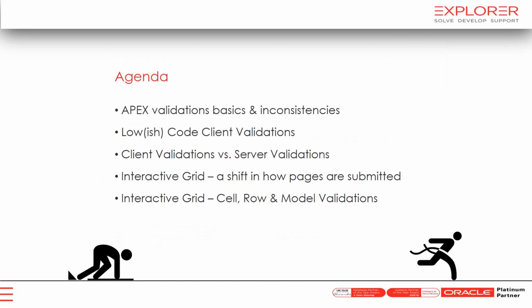So the agenda for today is I want to talk about Apex validations, and we'll start from the basics and we'll talk about some inconsistencies that I see, and then move on to these lowish code client validations. So we've heard about low code. This is lowish because it involves typing into one of the fields to provide some extra HTML5 attribute validation.